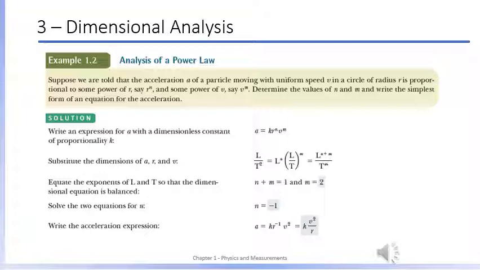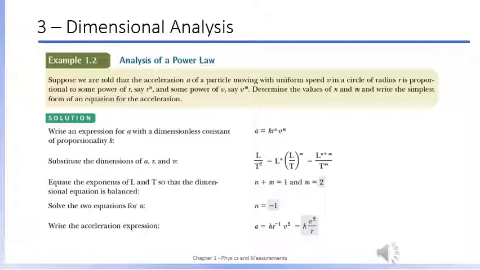And v is distance divided by time, so the dimension of v is L over T, to power m. So we have L over T squared equals L to power n plus m divided by T to power m. If this equation is correct, we should have the same units.